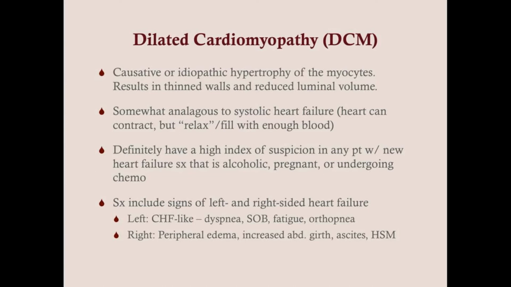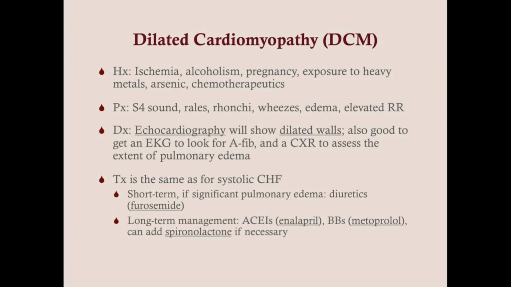So, okay, this is something. The history in these patients is going to be chronic ischemia. That's the number one cause, is that these patients have taken multiple hits, maybe small hits, maybe subclinical hits, but they fit the ischemic profile. They have coronary artery disease. Another common way for you to get this on the USMLE is the alcoholic patient.